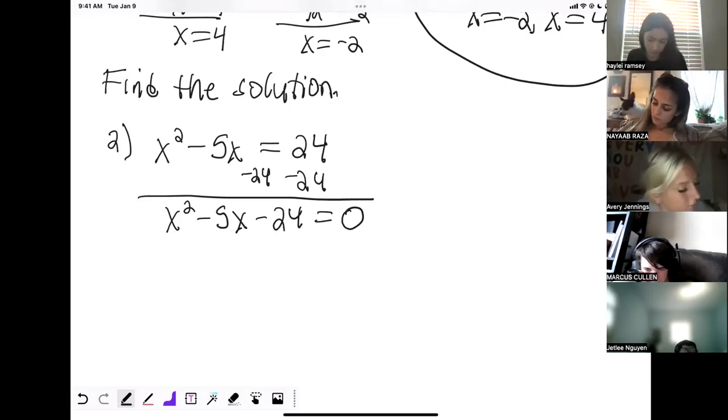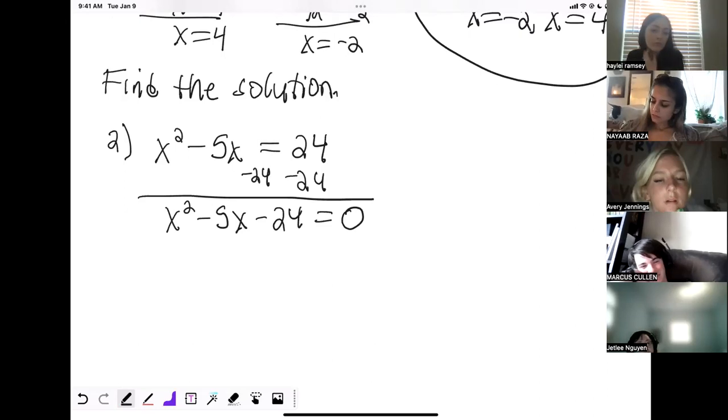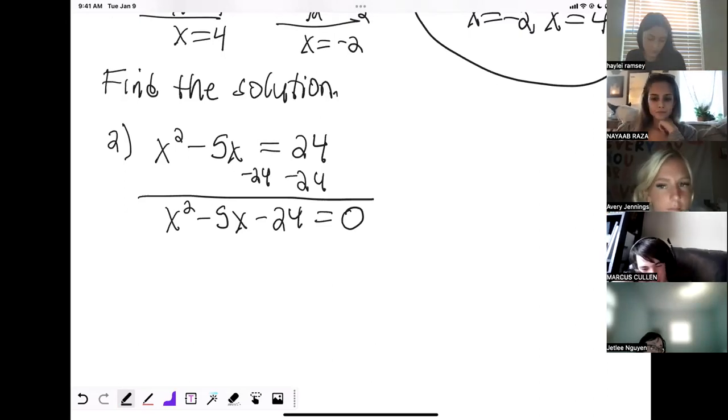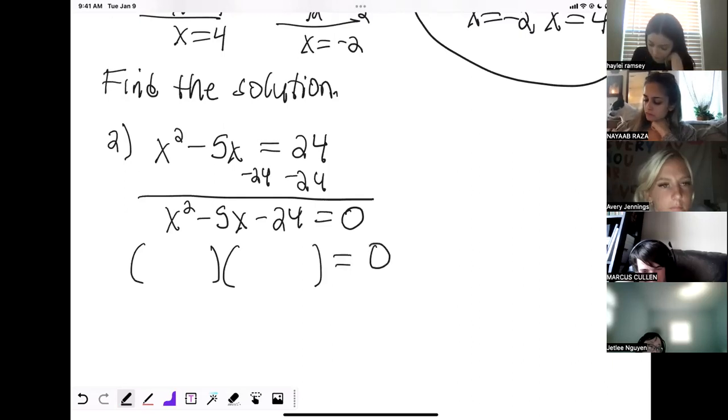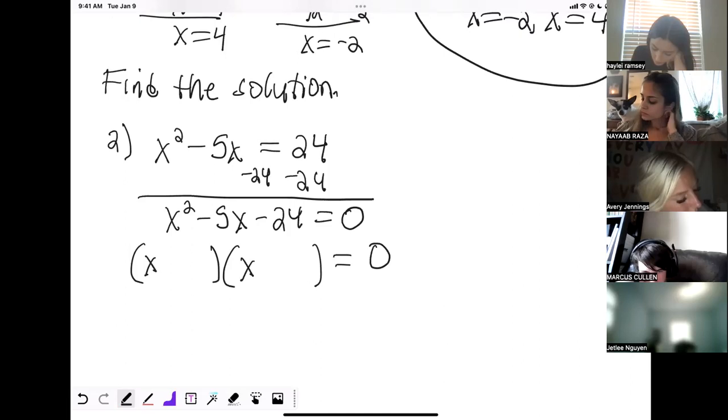And now here comes our factoring skills. I can't tell you how many times I'm going to say this: if you have a square, an x and no x, you're going to factor. So we're going to factor. It has to stay equal to 0. x and x. What numbers multiply to be -24 but add up to be -5?